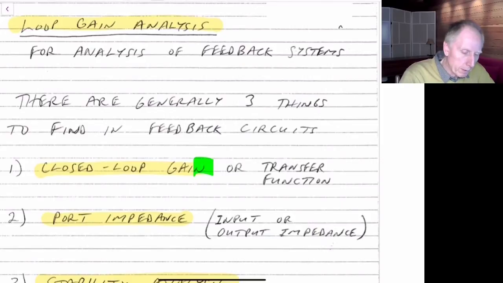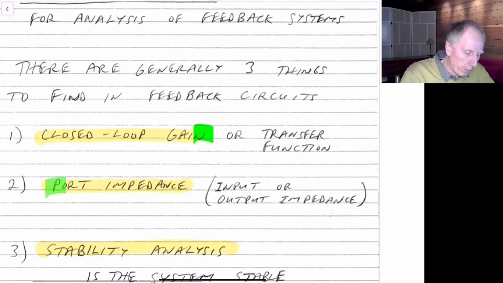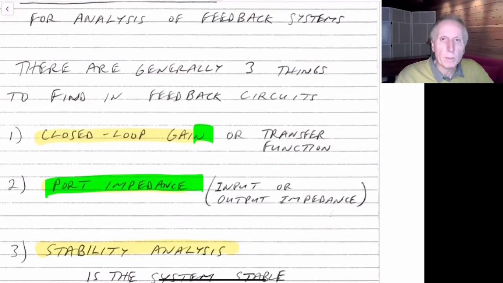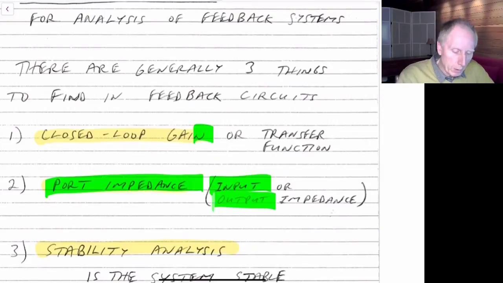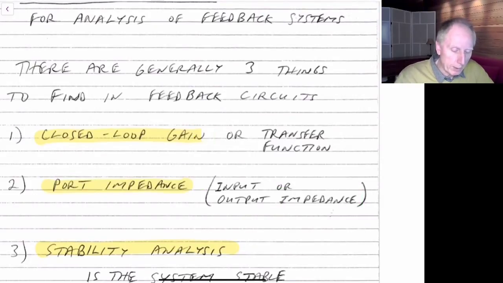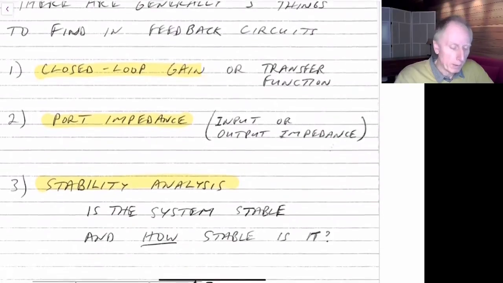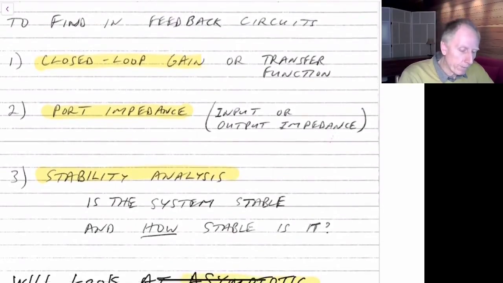The second is the port impedance, the input impedance or the output impedance, which will change depending upon the feedback and the loop gain. As the loop gain increases, the input or output impedance will change proportionally to the change in the loop gain.